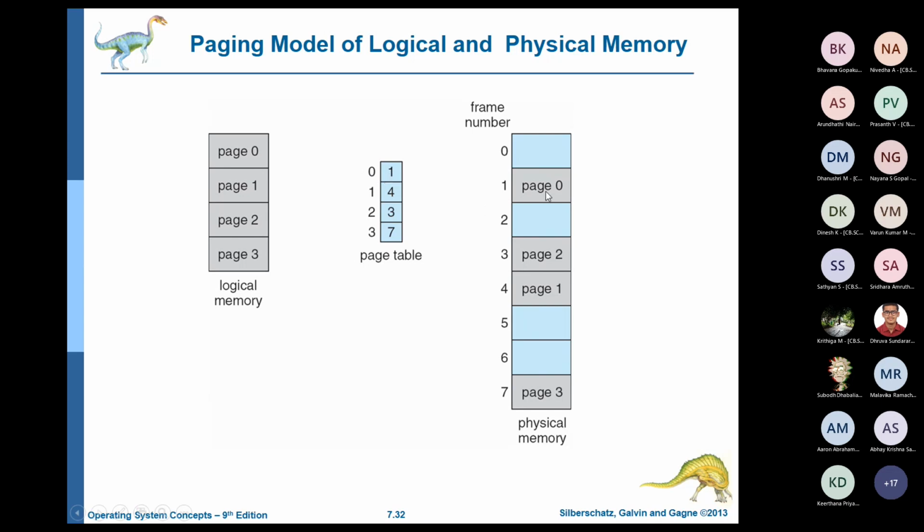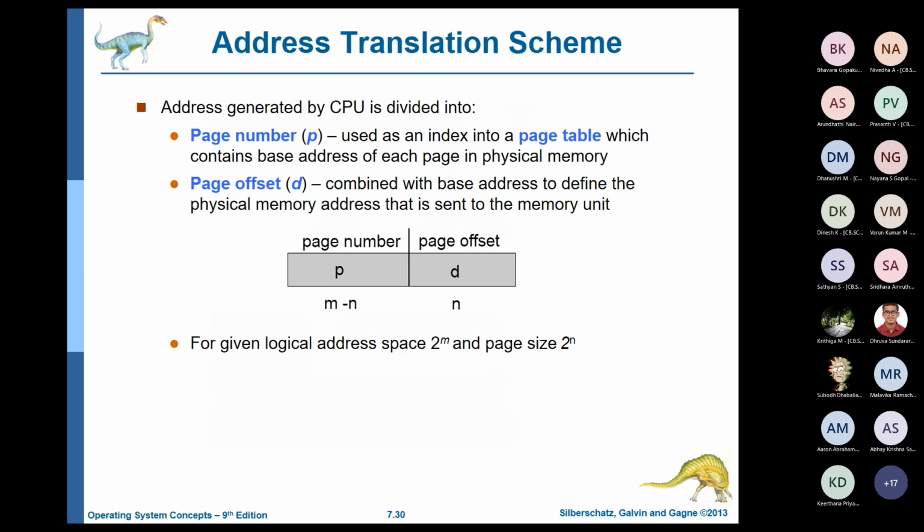Page 1 is allocated to frame 4. 2 is allocated to 3. In 2 there is a mistake. 2 is allocated to 3. 7 is allocated to a page, and frame 7 is allocated.